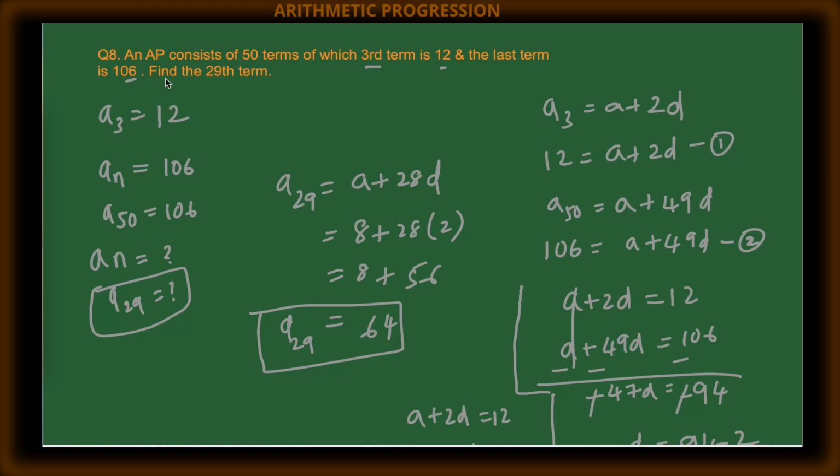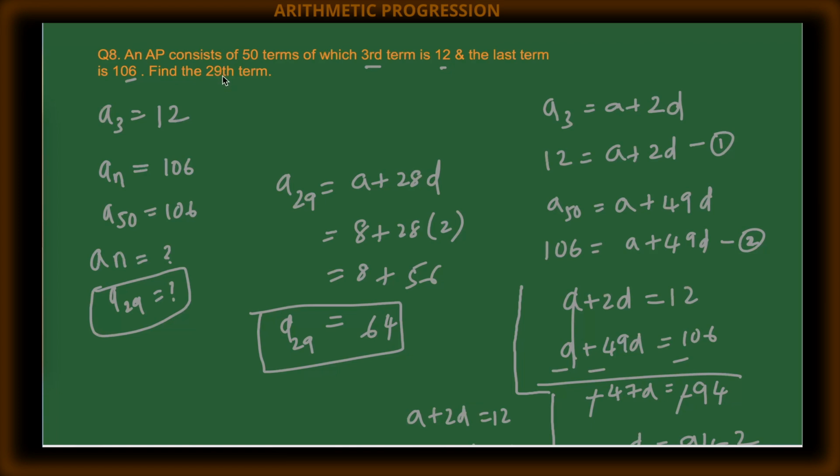The AP consists of 50 terms, so n is 50, total terms of 50, and the last term's value is 106. That means we have a50 equal to 106. Then the question was to find the 29th term.